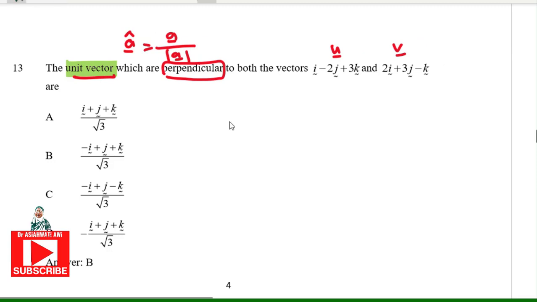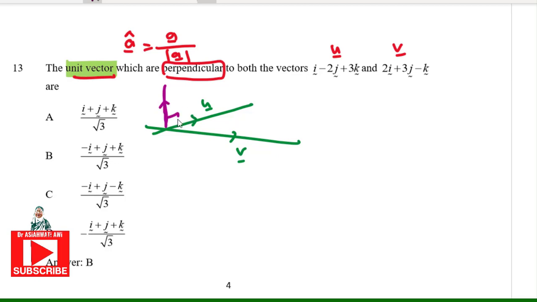Let's say this is vector U and vector V. Find the vector which is perpendicular to vector U and perpendicular to vector V. We call this vector N. Find vector N, and then find its unit vector.